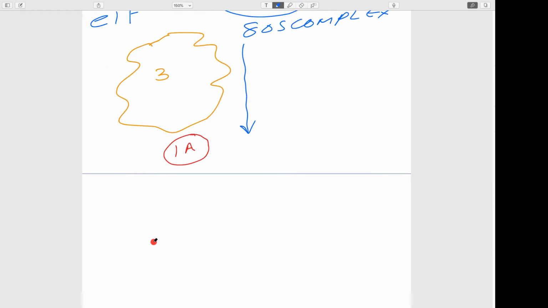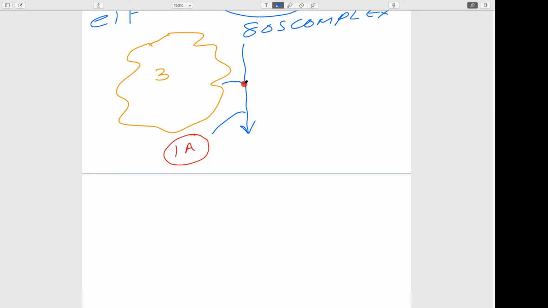Then the association of these factors takes place. What are these factors associated in their presence? The 80S is converted to 40S and 60S. So that is 3 and 1A, and they combine with the 40S complex.